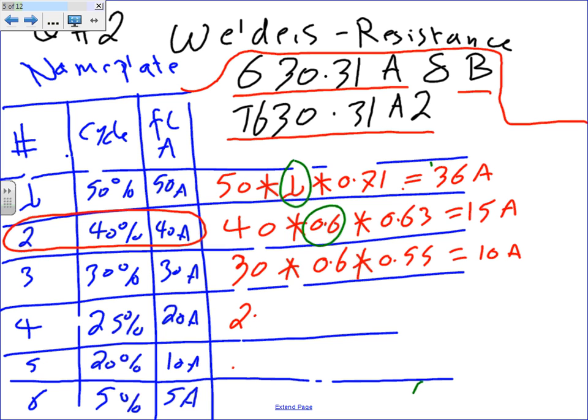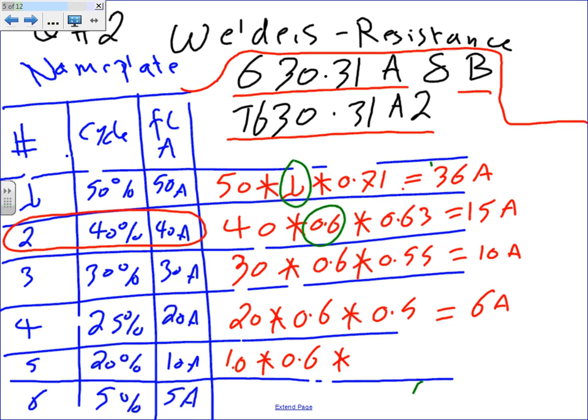The next one is 20, multiplied again by 0.6, multiplied by, for a 25 cycle, 0.5, and that will give me 6 amps.